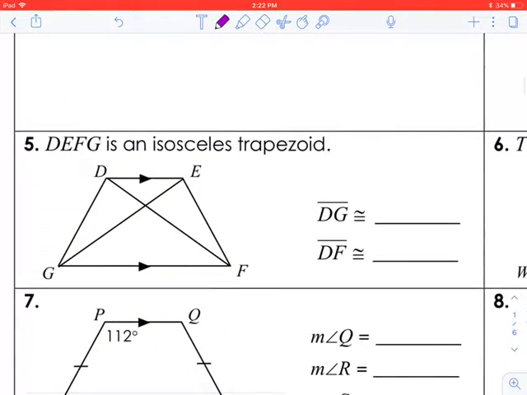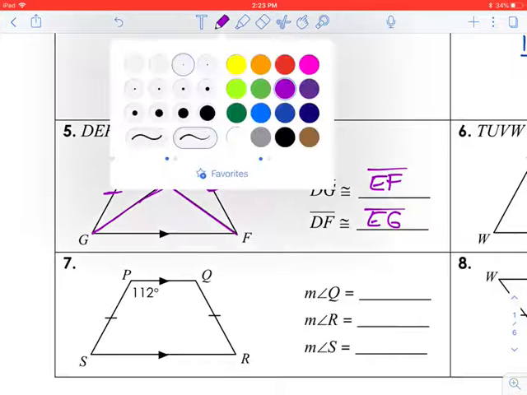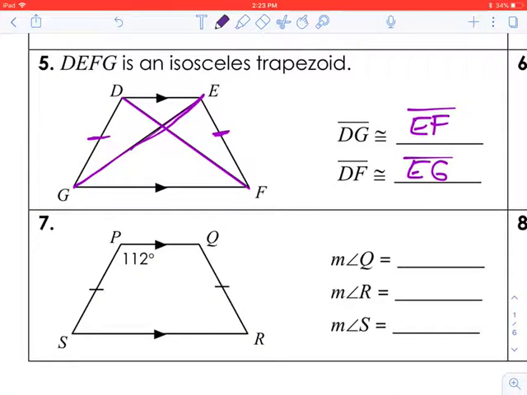Okay? So when we start talking about isosceles trapezoids, that's where some of those other properties come into play. Like here, it says DG is congruent to what? And that's EF, because it's isosceles. And in an isosceles trapezoid, the diagonals are also congruent. So DF is congruent to EG, or GE, either way. And with that being said, we can also find some other things based on what we're given.